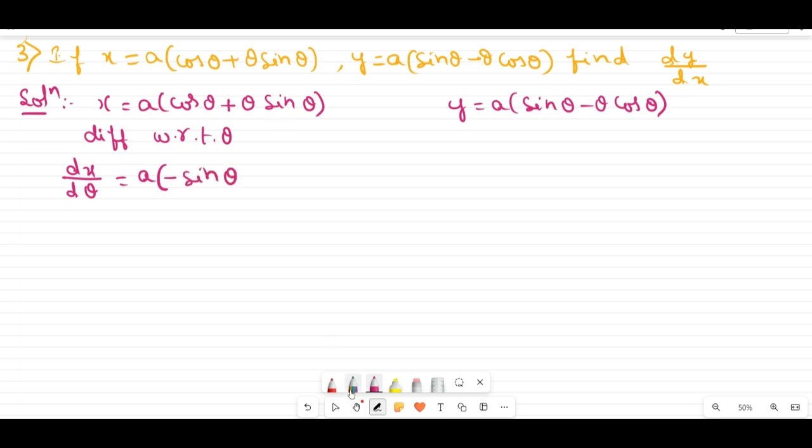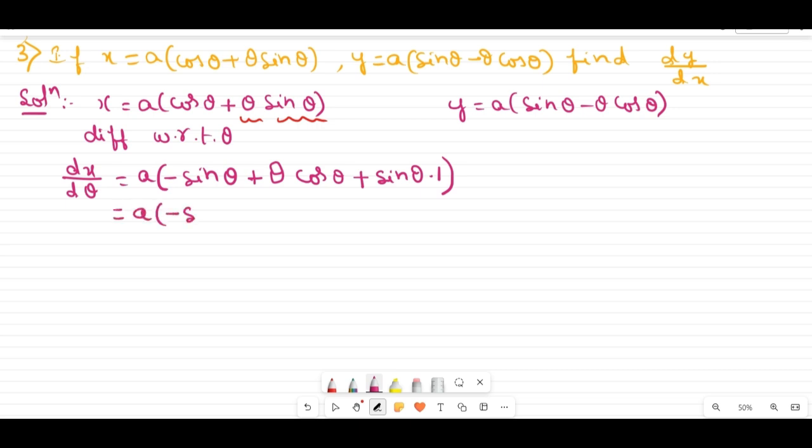In this question, you are having a product of two functions. Theta is one function, sin theta is another function. We must apply the product rule for this. If you apply the product rule, first function into derivative of second, that is theta into cos theta, plus sin theta, second function, into derivative of first function, that is 1. Observe this properly, very simple thing.